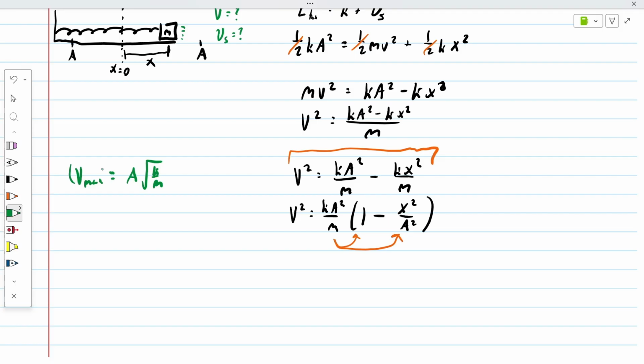So what we can do is actually just square both of these, and we get that v max squared is equal to a squared times k over m. But this right here is just kA squared over m. Just rearrange that, and we have this in our equation.